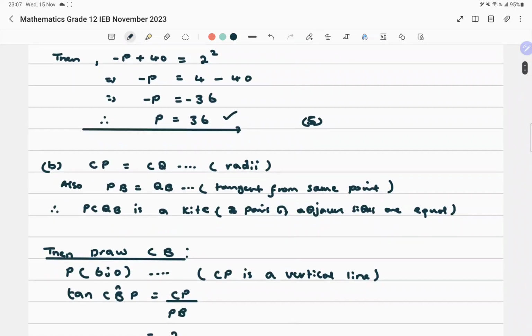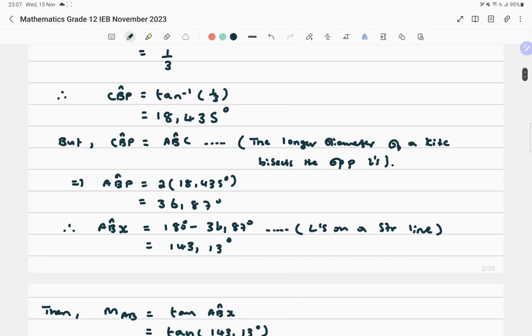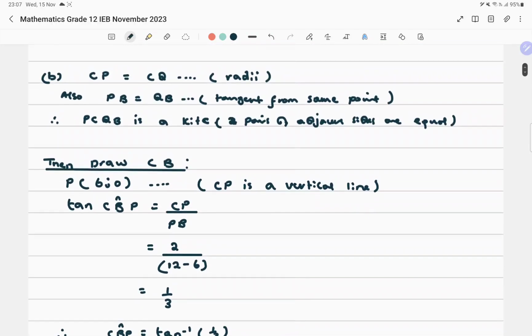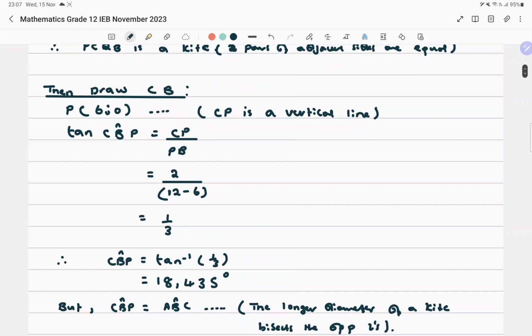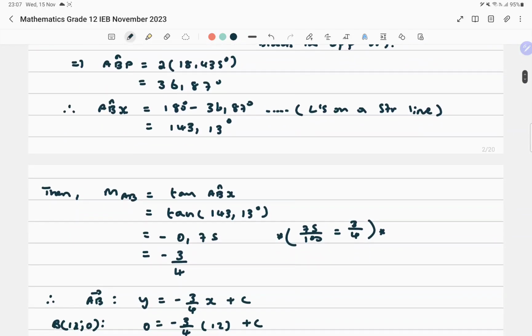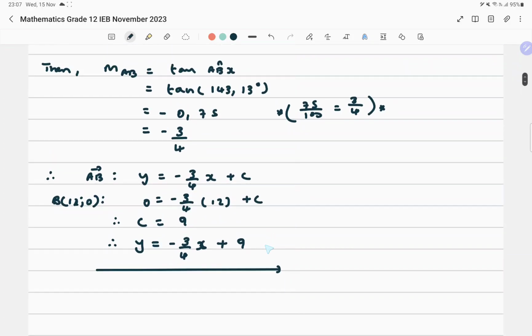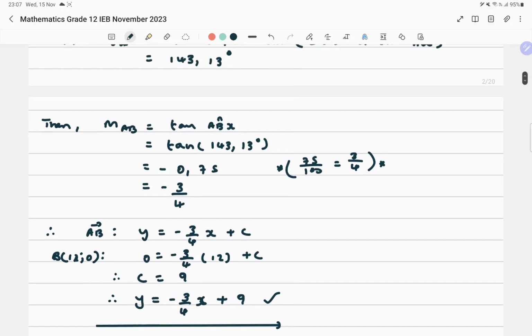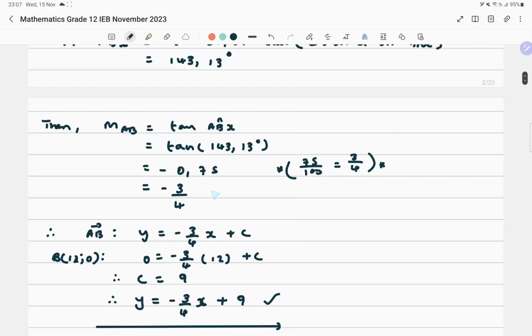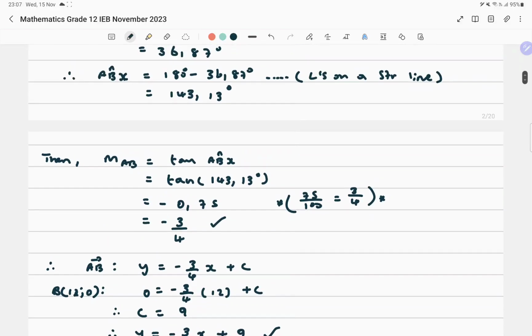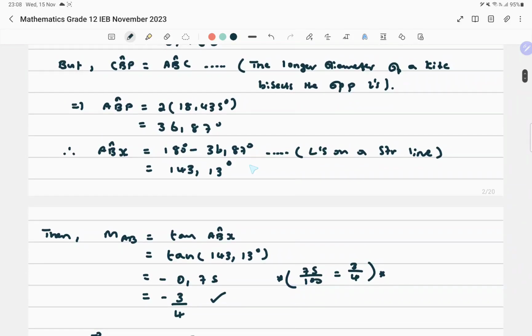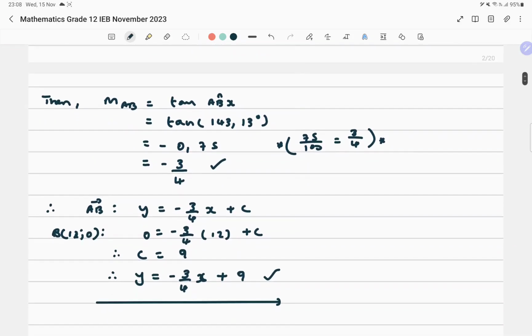You can see here, scoring a lot of marks by integrating topics and knowing what you need, moving from one point to the next, and of course attempting to explain your way as you move along. I don't know how many marks this is, but obviously this should be an important step, right? And getting this gradient should be an important step, and essentially working out this angle is also an important step.